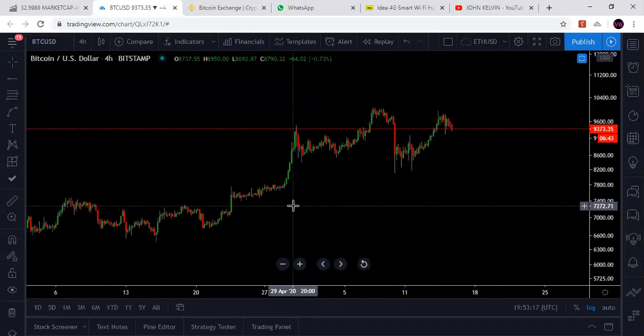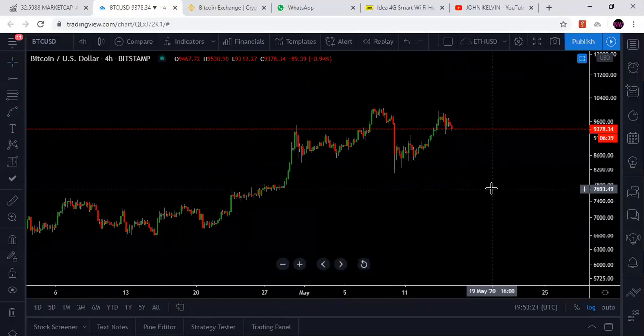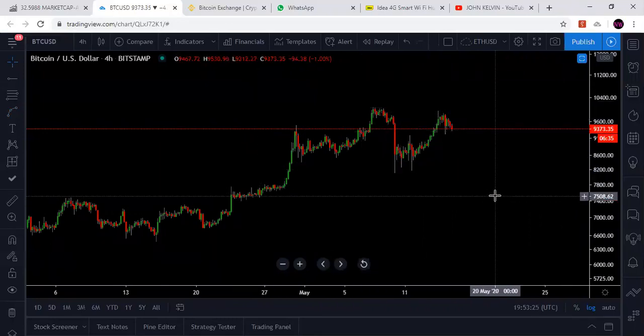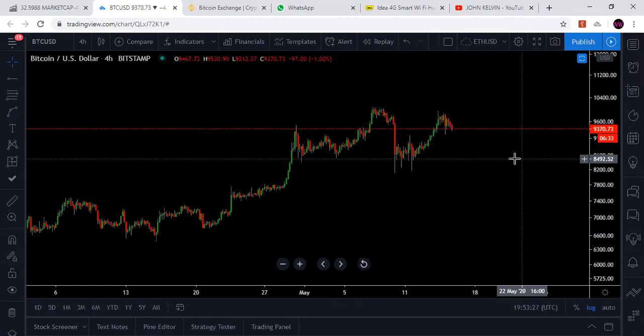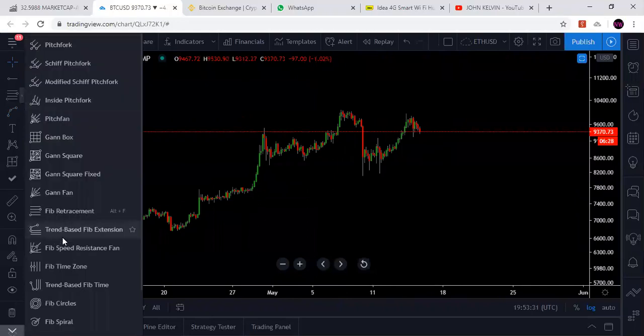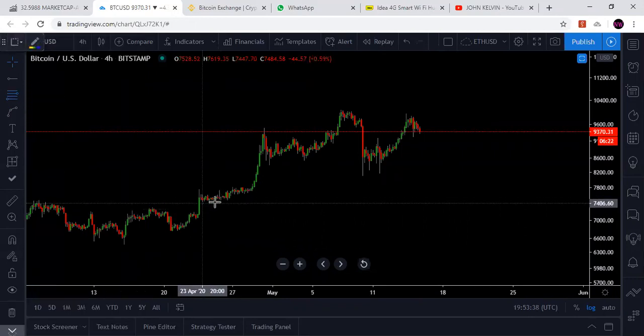So we have X, A, B, C, D. So we have the X leg, A leg, B leg, C leg, and the D leg before we get to move to the upside. So to do that, you use your Fibonacci retracement ratio. So we start from here.